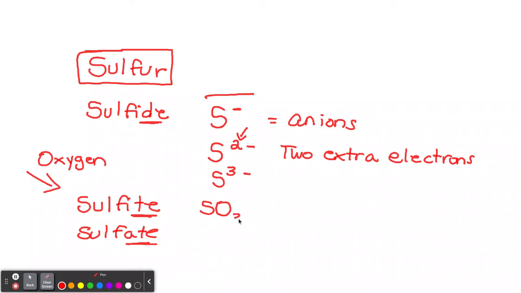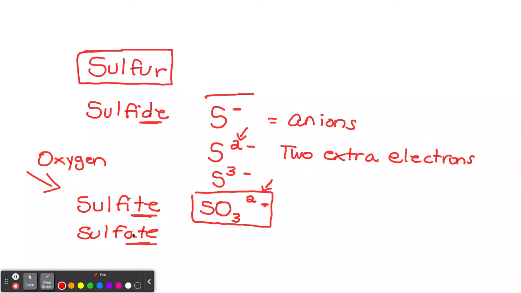Now this subscript here on the bottom is saying it has 3 oxygen atoms connected to this compound to make sulfite. And then this 2 on the top in the superscript is saying that there's 2 extra electrons. And then we have this negative symbol there. So if you see something like that, that is sulfite with 3 oxygen atoms. And that superscript on top right there is saying there's 2 extra electrons.